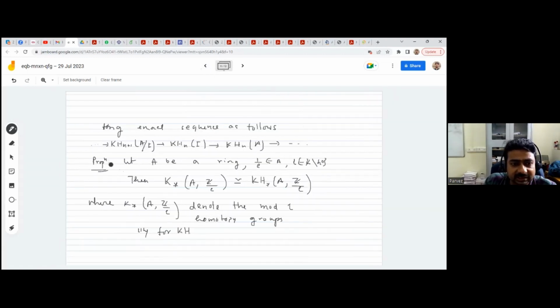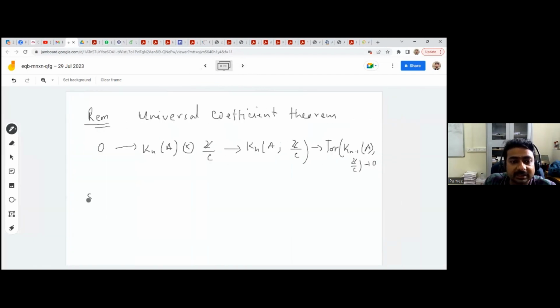Let's say this is Proposition 1. I will just give a sketch of the proof, because this follows from the spectral sequence. Those who know how to calculate the spectral sequence will see it follows from there.